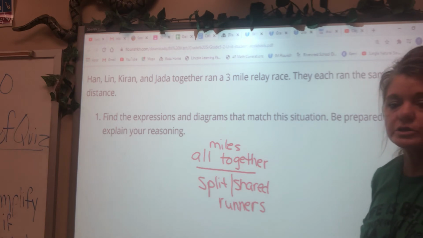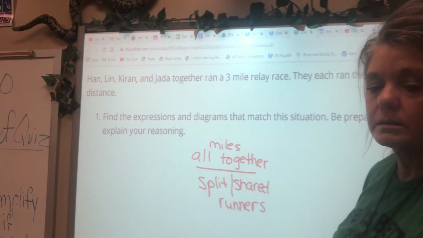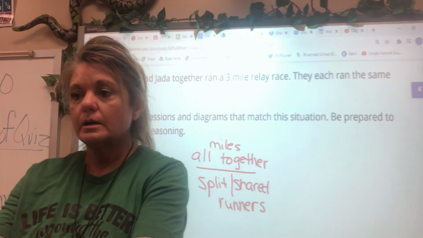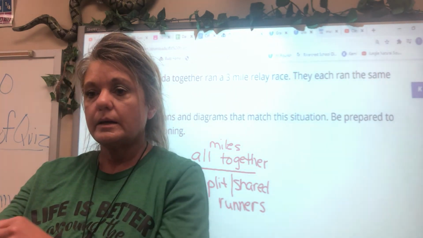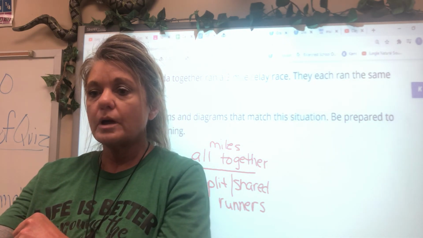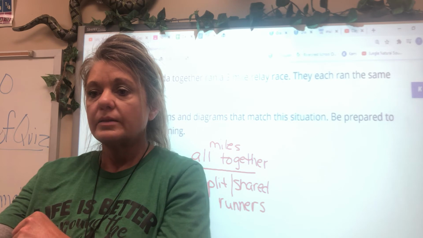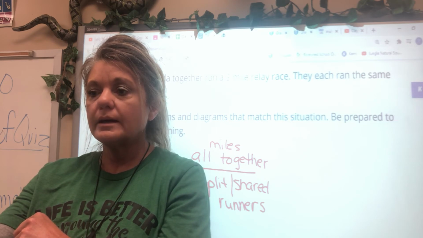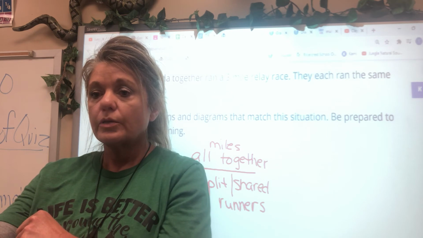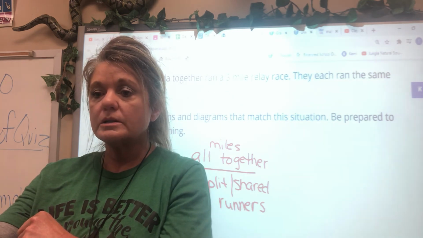Okay, I'm going to start just giving you little hints. This is the card that I would have picked up first. And I put it on there because I looked for the number of things that I was looking for all together. I knew I was looking for 3 miles all together.